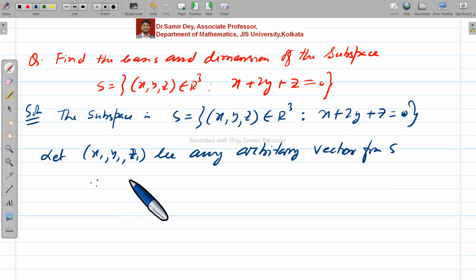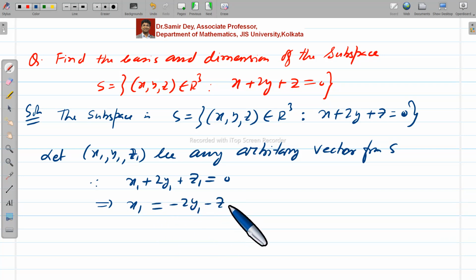Therefore you may write x1 plus 2y1 plus z1 equal to 0. Clear? So from here you may write x1 is equal to minus 2y1 minus z1.